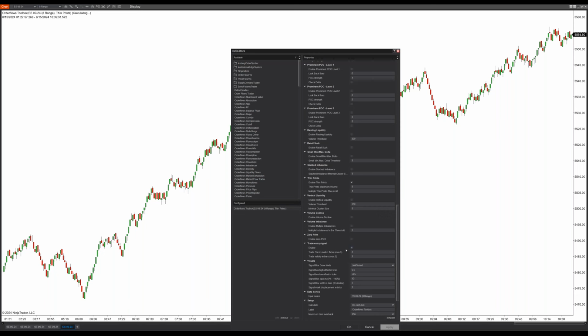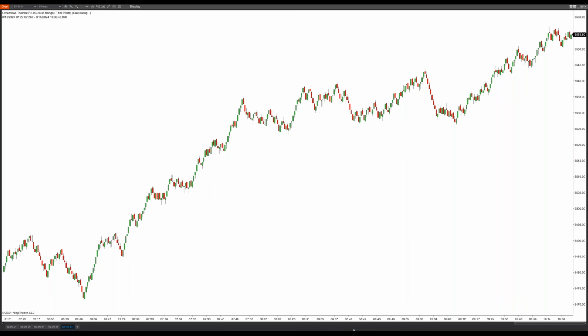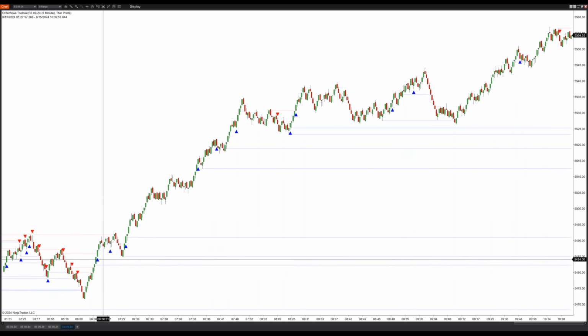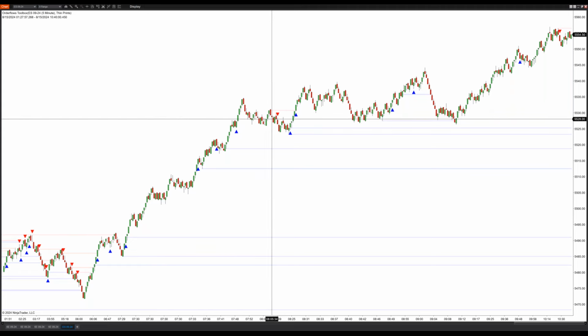And again, I notice I have trade entry signal turned on, but I'll disable that. I don't know how many thin prints on a 5-minute chart there are, so I'm just using 3, but we'll see.